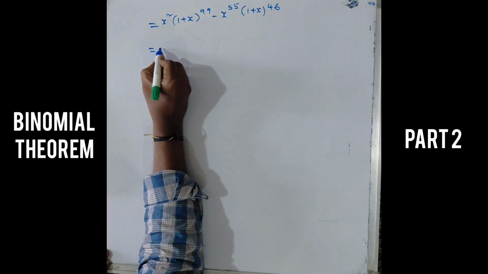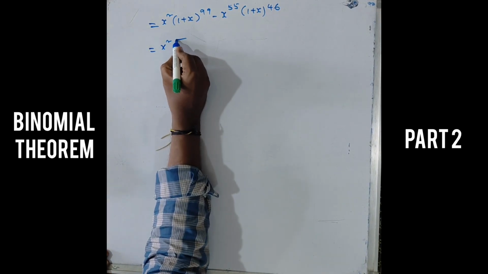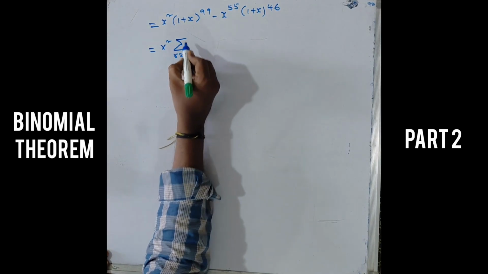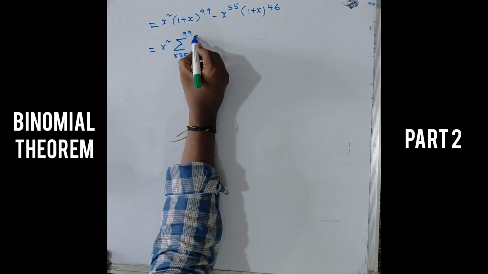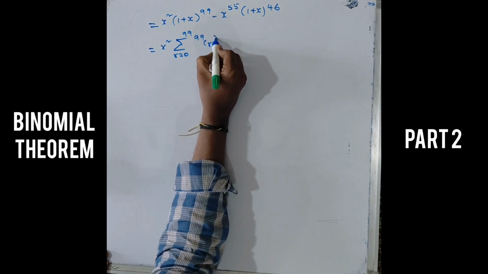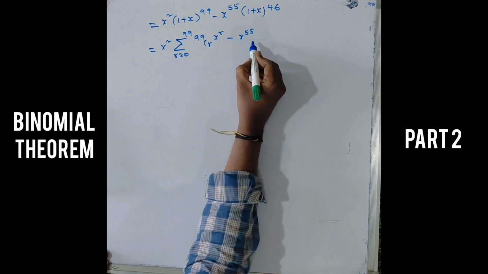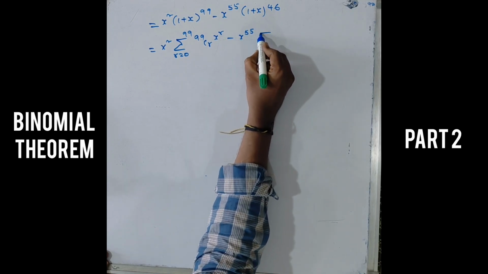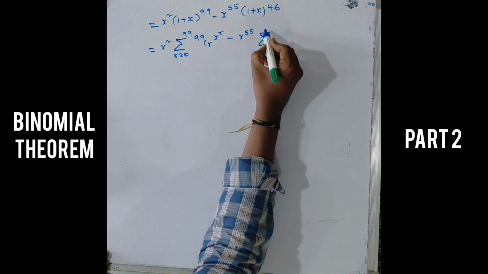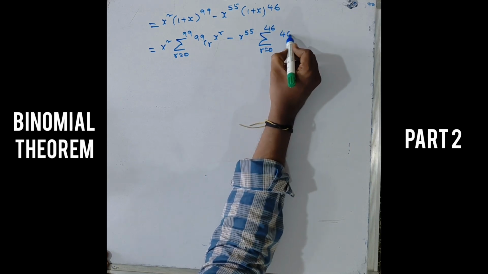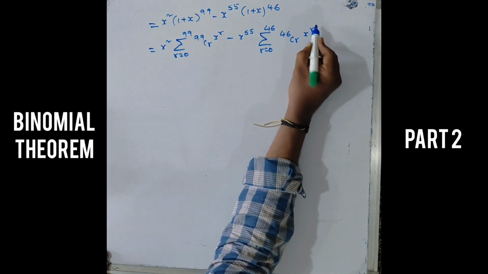This can be written as x^2 into summation r = 0 to 99 of 99Cr x^r, minus x^55 into summation r = 0 to 46 of 46Cr x^r.